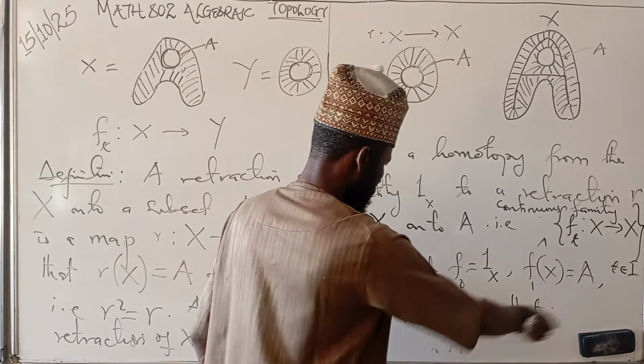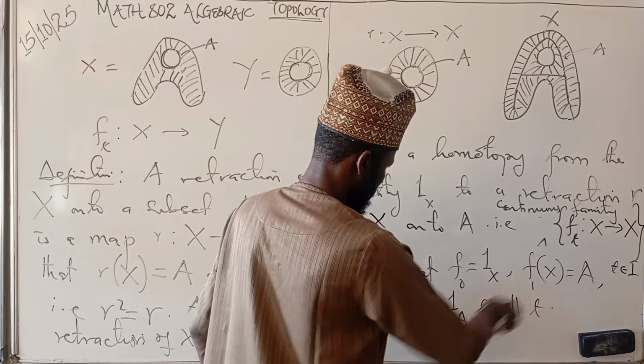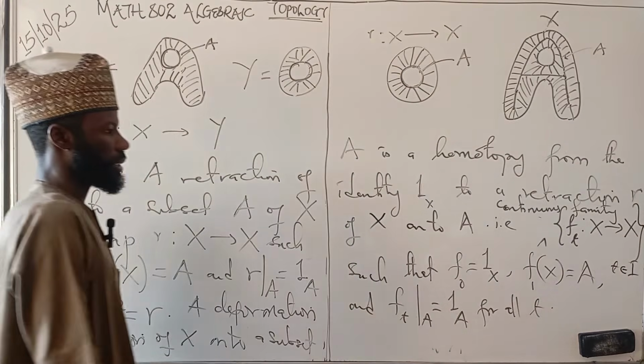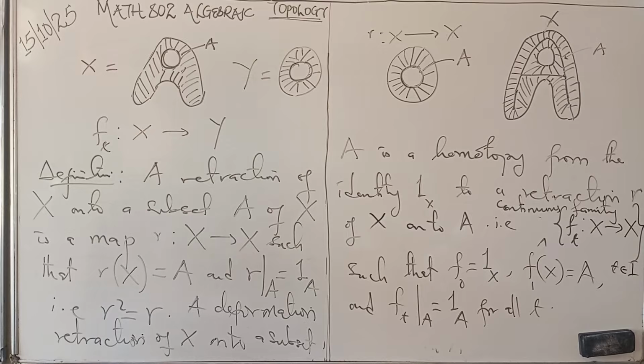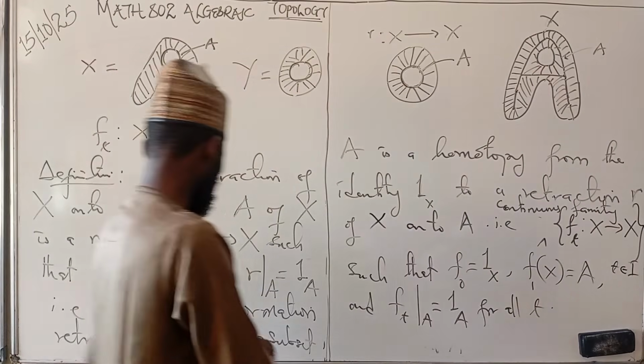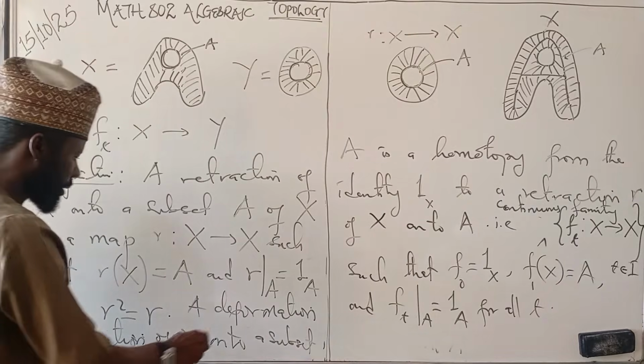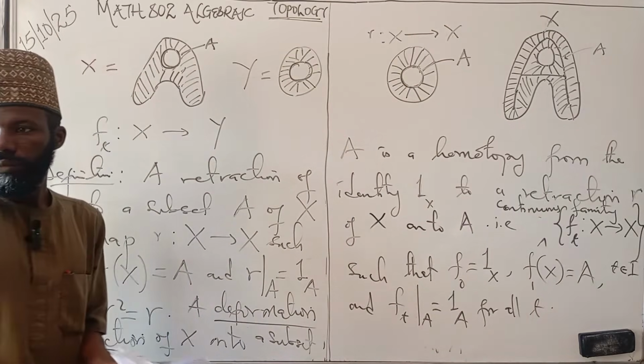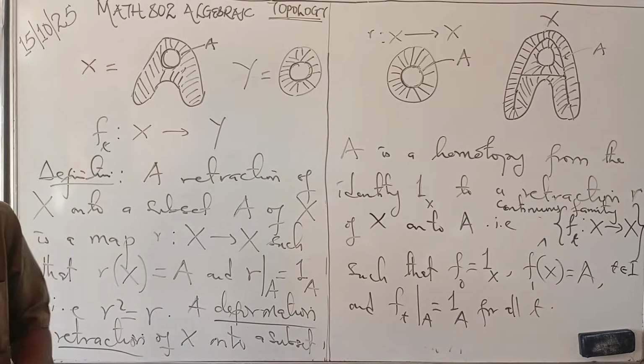Already when you say this, it means F1 restricted to A is also the identity on A. So this is what we call a deformation retraction. Is it okay? All right.